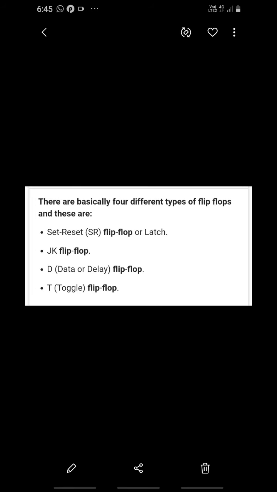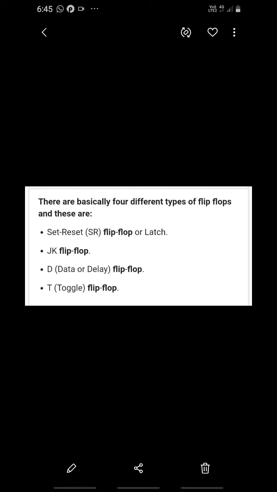Next, types of flip-flops. There are basically 4 different types of flip-flops, like SR flip-flop. S means set and R means reset here. It is also known as a latch.